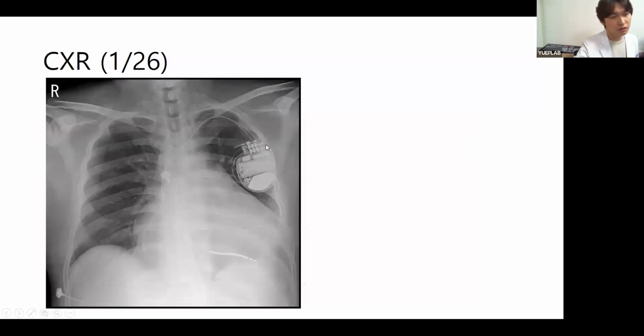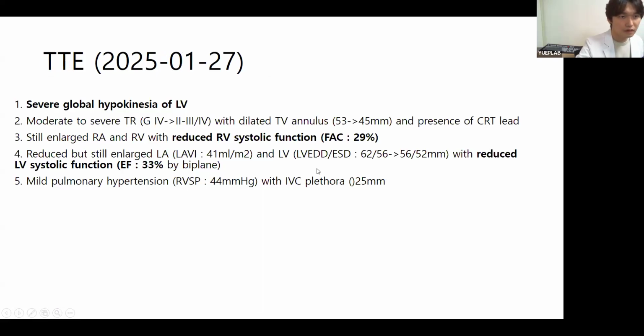This is the initial chest X-ray, and you can see the severe cardiomyopathy and implanted CRT-D. This is the initial TTE. It showed severe global hypokinesia, reduced LV systolic function, and an enlarged chamber size.